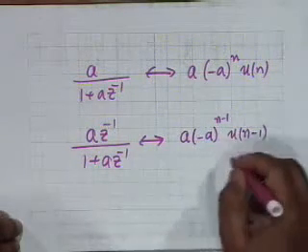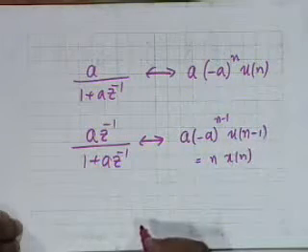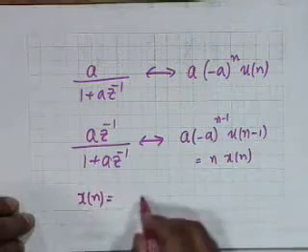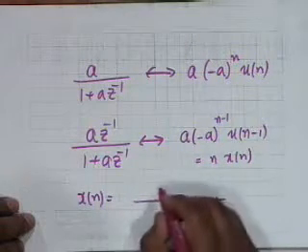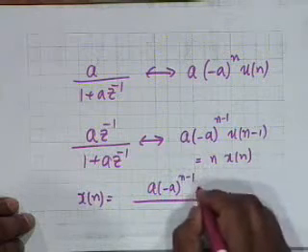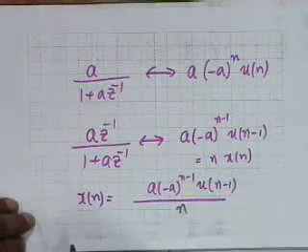All right, and this must be n times x of n by the theorem, and therefore x of n must be equal to a times minus a to the n minus 1 u of n minus 1 divided by n.